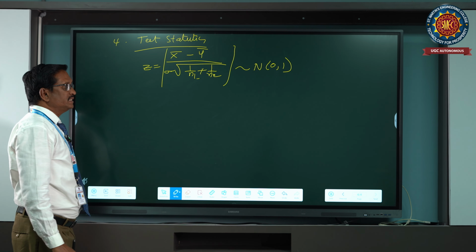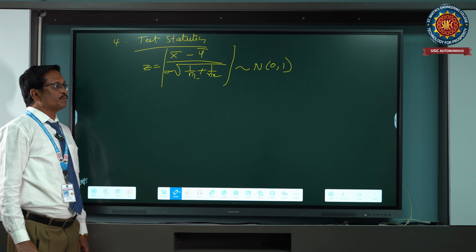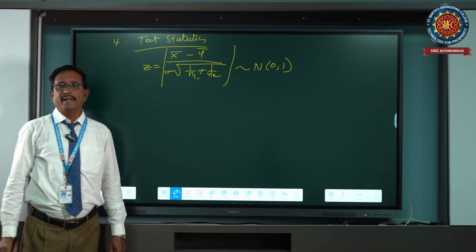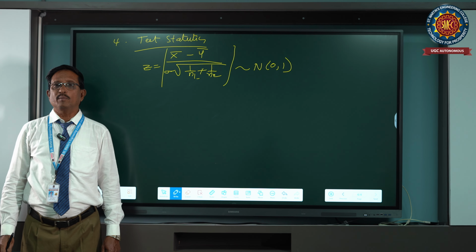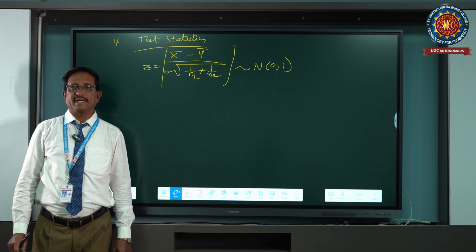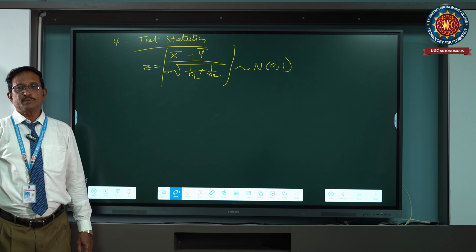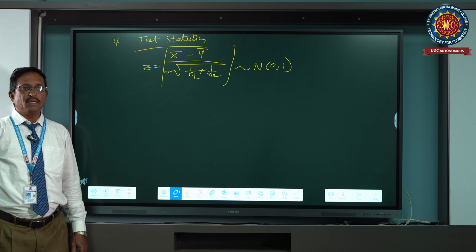Z is for a large sample. Here x bar is the first sample mean and y bar is the second sample mean, so we have to obtain the difference between x bar and y bar.